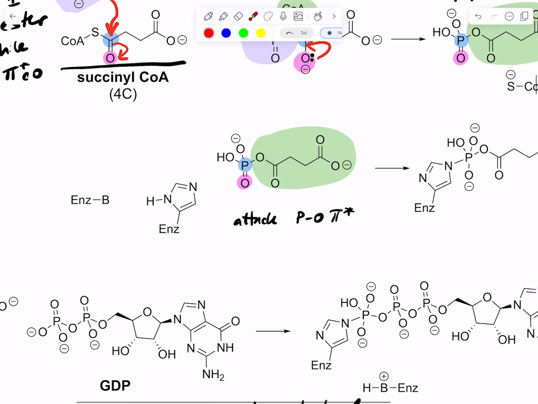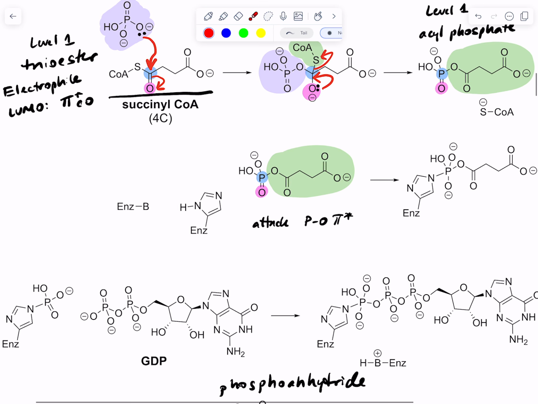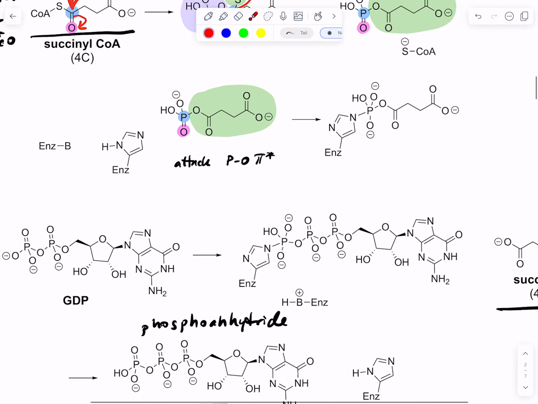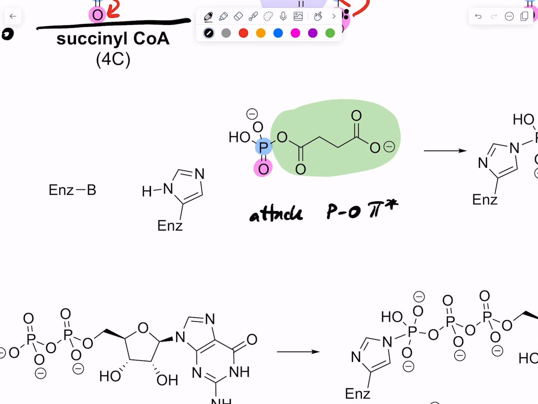Now, you might ask the question, why can't GDP be the nucleophile and just directly attack this phosphorus? That's certainly what happens in glycolysis with the 1,3-bisphosphoglycerate step. ADP attacks the phosphorus directly. I don't know why the enzyme evolved to do what I'm going to show you, but this is what the data suggest. The enzyme is going to deprotonate this side chain group.